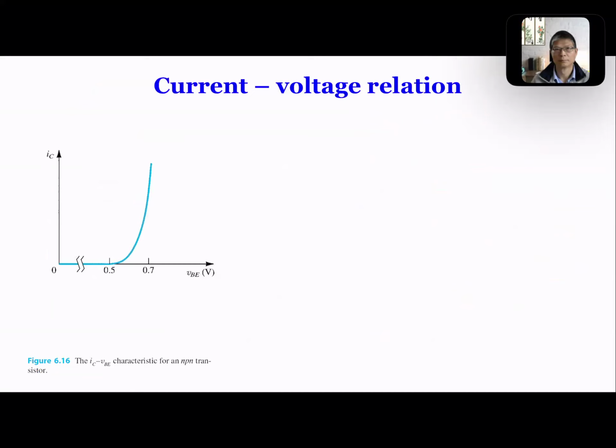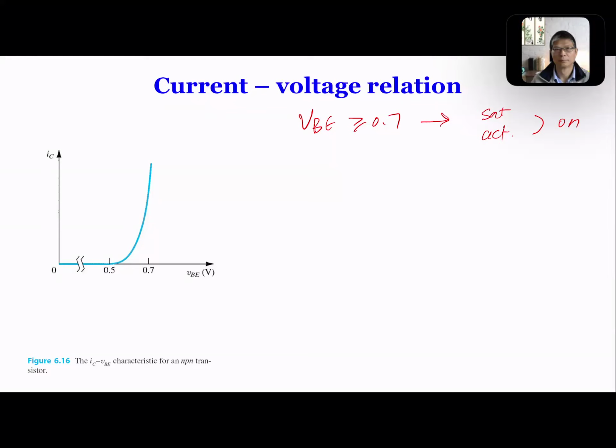We talk about one idea in BJT: we've been saying that if VBE is larger than 0.7 volts, it results in either a saturation mode or an active mode, right? So both modes can be called on mode. So we use this as a first degree of approximation. You see it's like a diode.